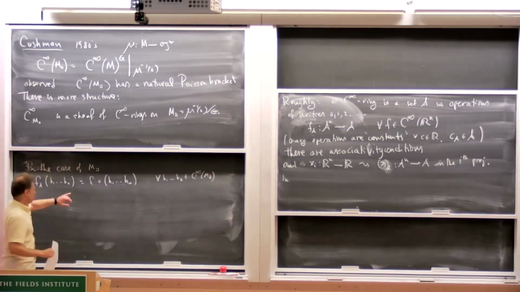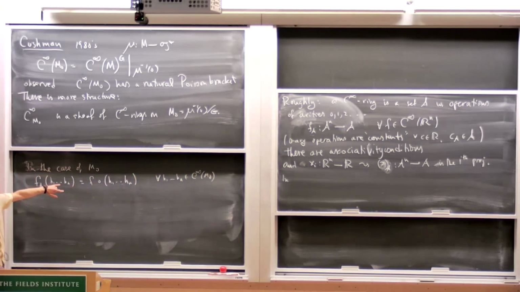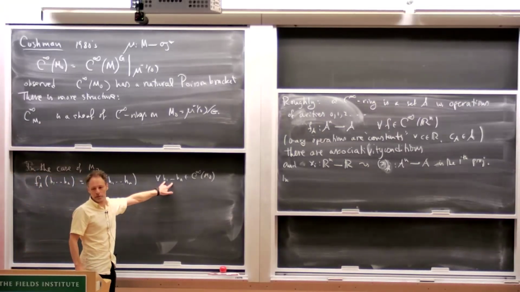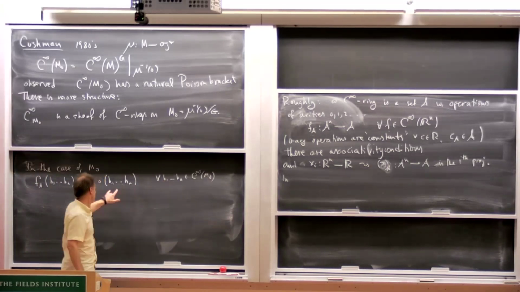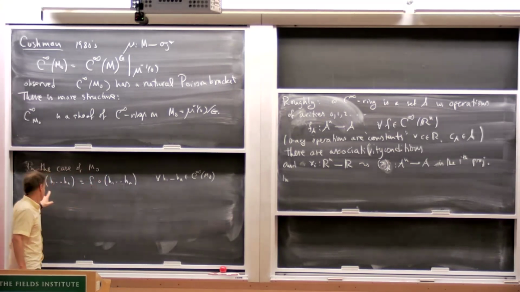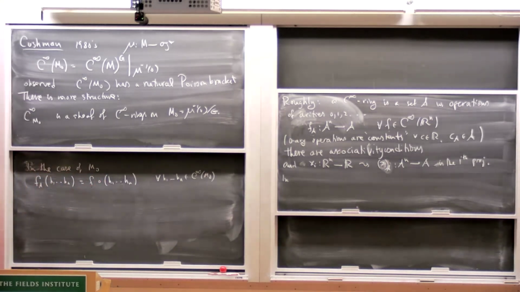And you can check that if these guys represent invariant functions, you take n of them, you compose with an arbitrary smooth function, you still get something invariant. And so you have these operations. And so this is a singular space, and you have the structure.